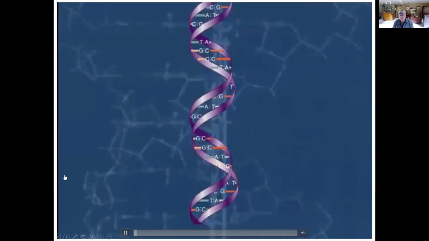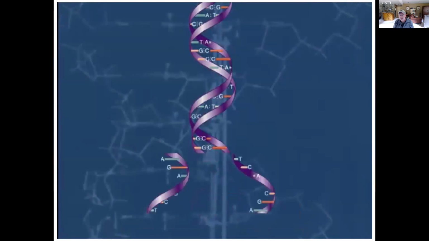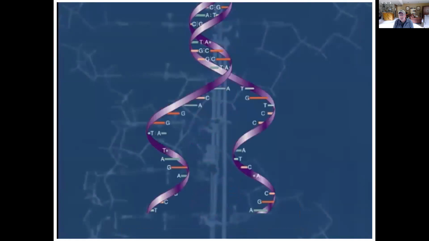DNA replication is the process in which one double-stranded DNA molecule is used to create two double-stranded molecules with identical DNA sequences. For this process to occur, the two DNA strands are separated, and the DNA replication machinery is assembled at the replication fork. Remember, what is separating these two strands?